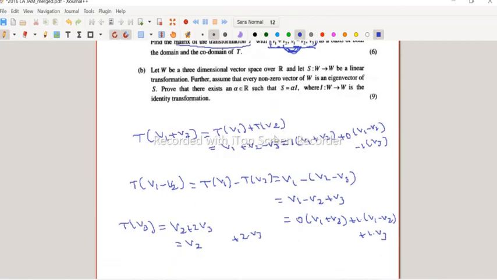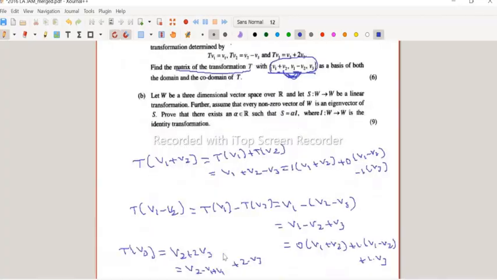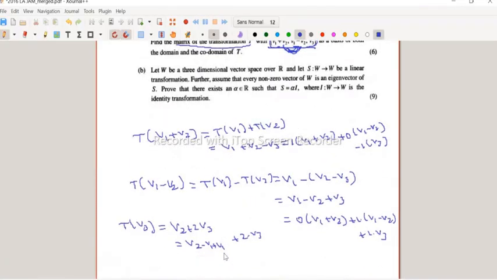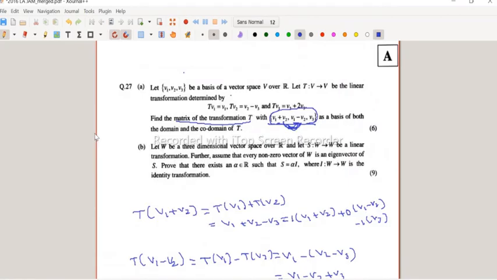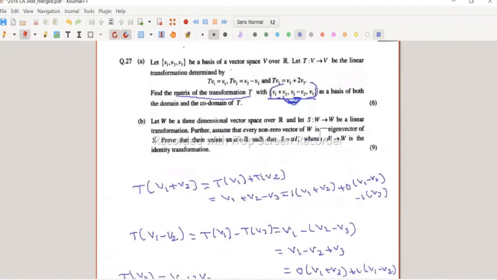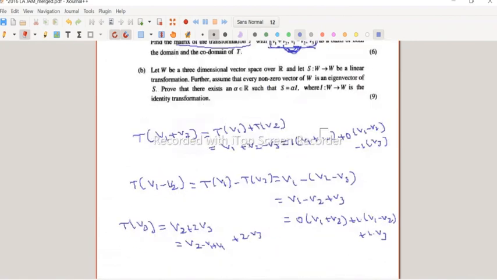We have to add and subtract some number, so suppose I am adding V1 and subtracting V1, because it will not change anything. So V2 plus 2 times V3.